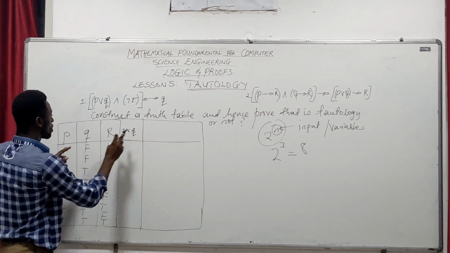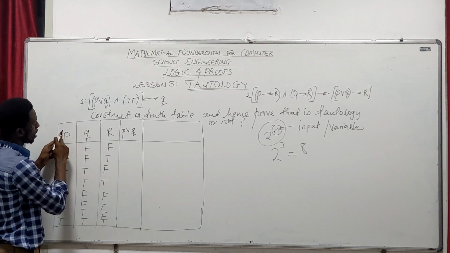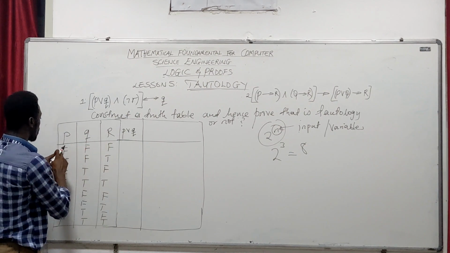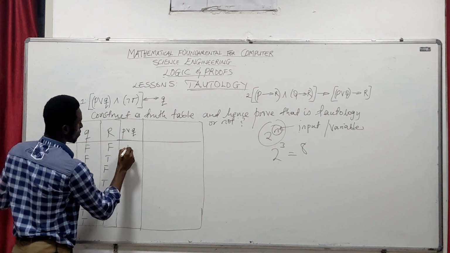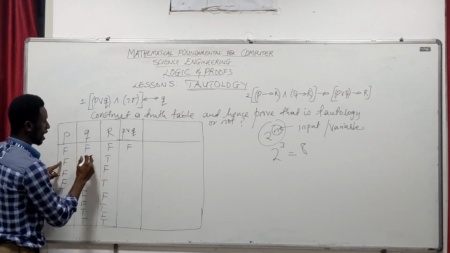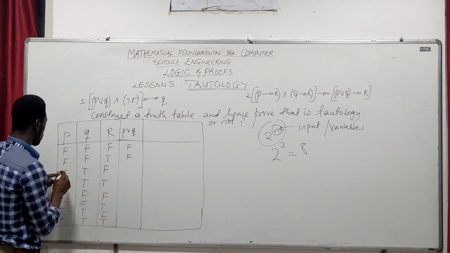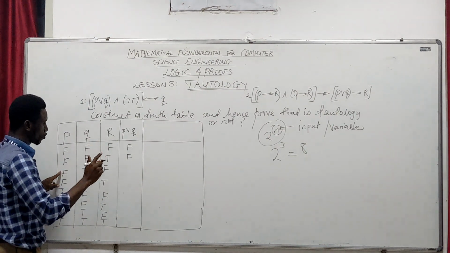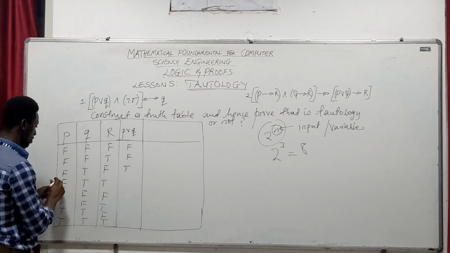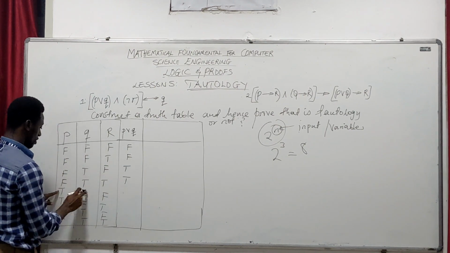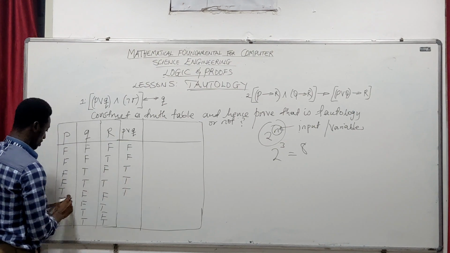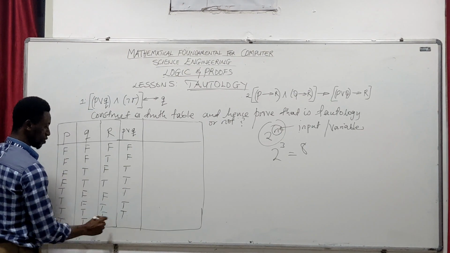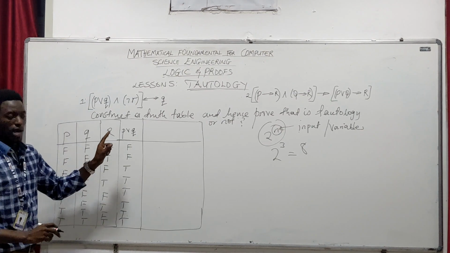So now let's see P or Q. Here in this table, we are going to consider only P and Q. We exclude R. So here we can see false, false becomes false; false, true becomes true, because if one of the statements is true, then it's true. So this one becomes true, this one becomes true, this and this become true, this and this become true, this becomes true, and true becomes true.